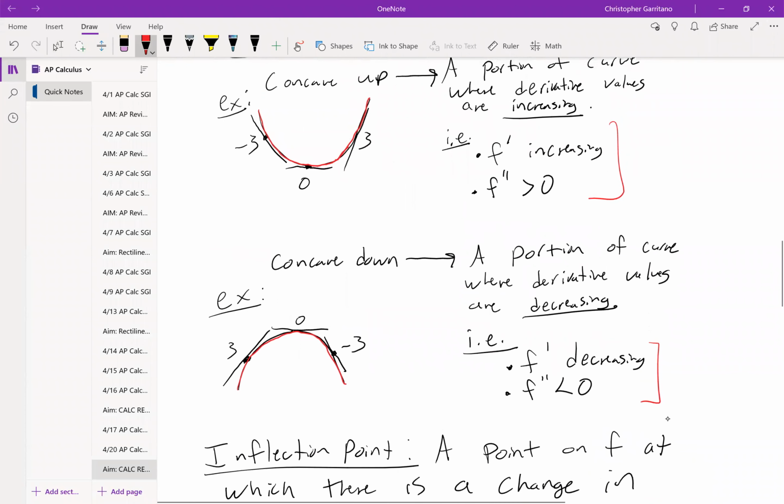Because we determined here and here that I can identify concavity by looking at f prime or at f double prime.